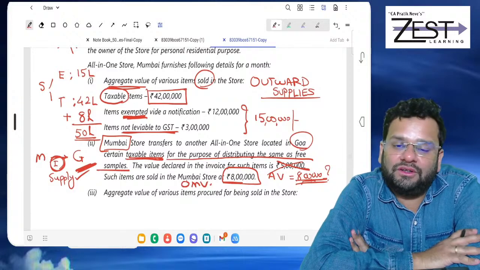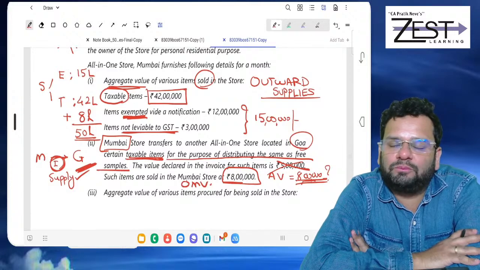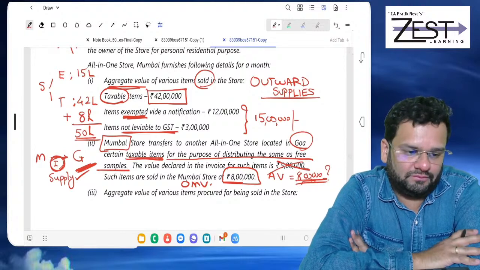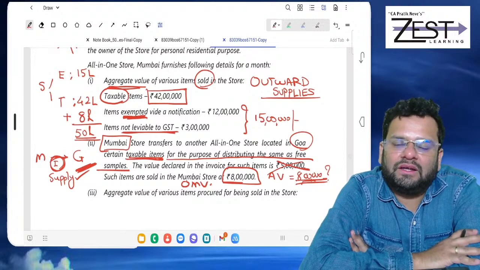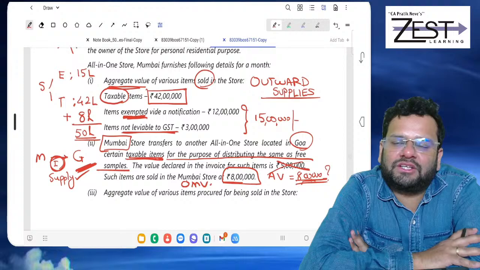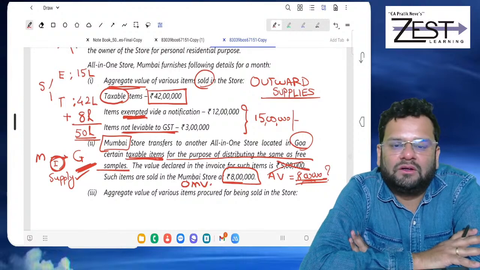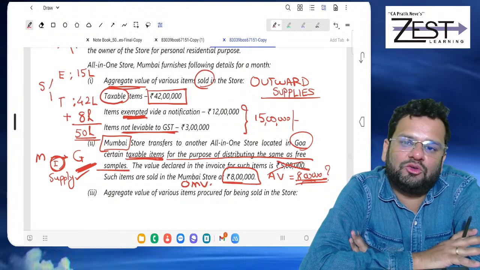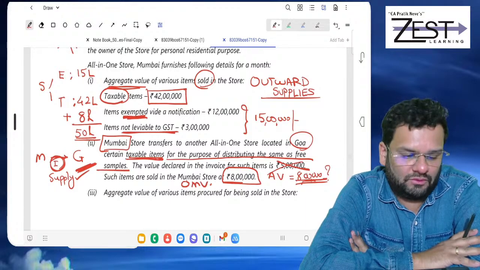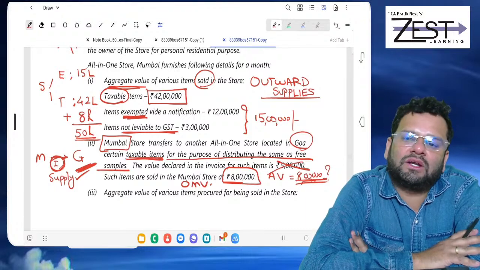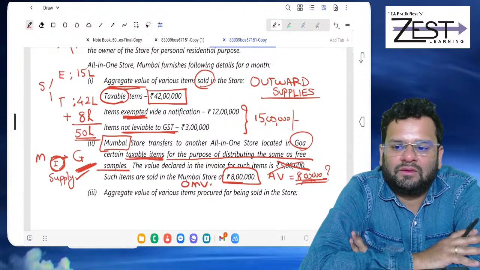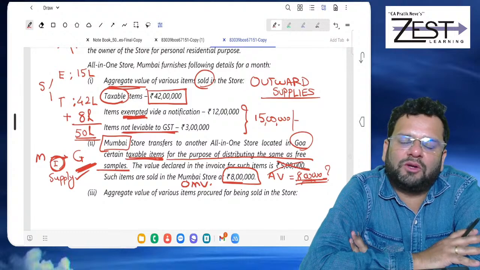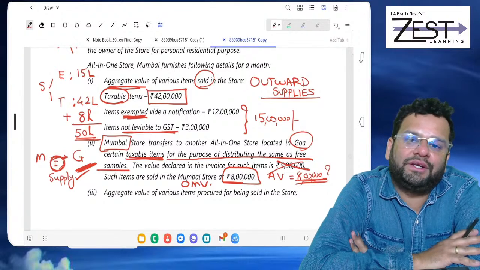Are you continuously going through your provisions and concepts notebook? In that, are you in connection with rule 28? Rule 28 says that assessable value shall be open market value. If open market value is not available, then value of supply of goods of like kind and quality.